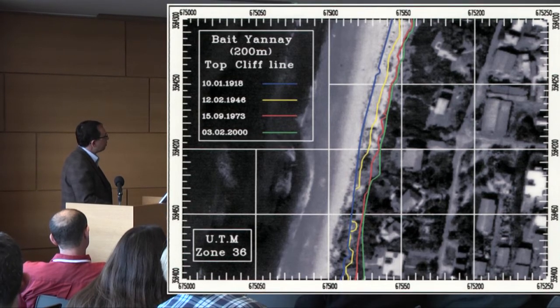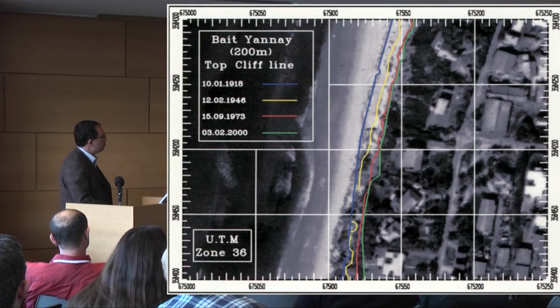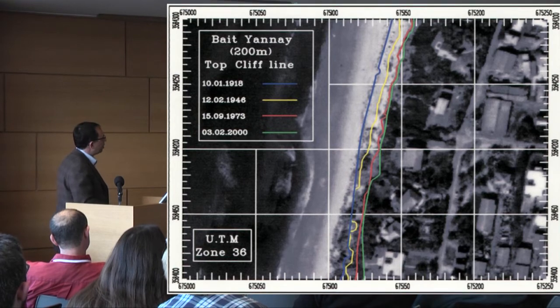It means 20 centimeters per year on average, all along the coastal cliff of Israel. So from the one hand, it's a nice contribution of sediments, because 70%, maybe 80% of the cliff is composed of quartz sand. However, you can see the buildings here, and they are in danger and it's a big problem.